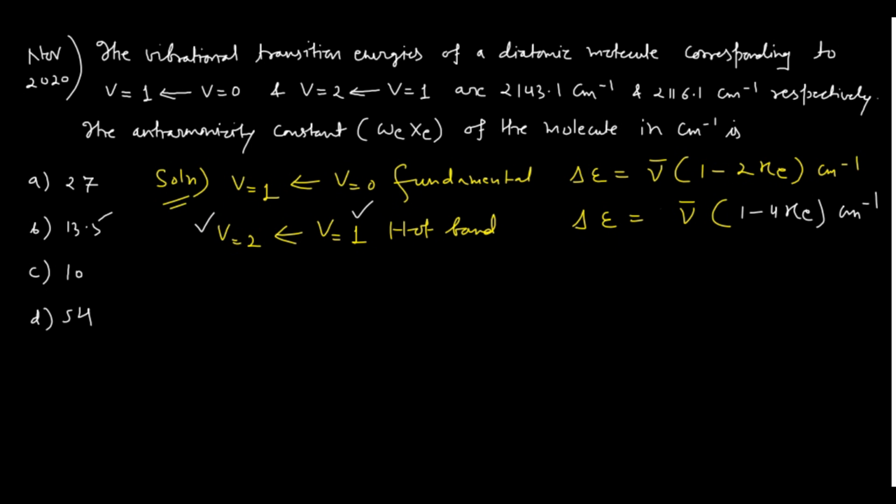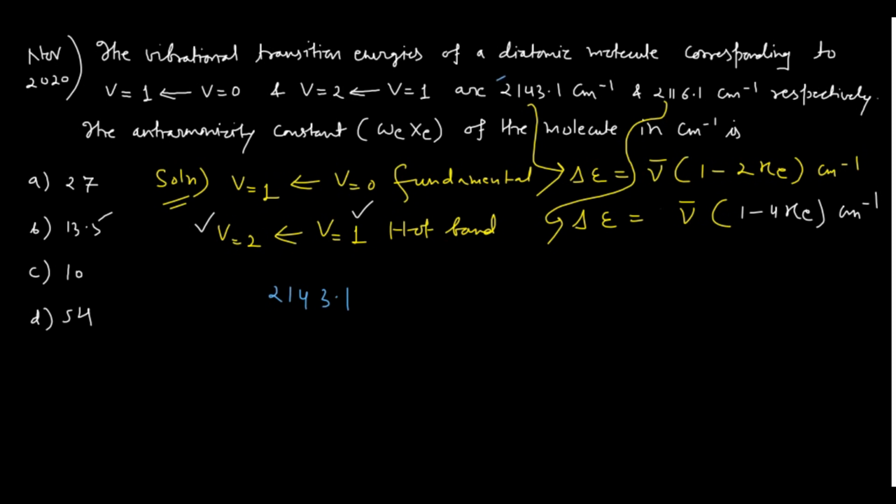And for the fundamental vibration, this energy is given, and for this overtone, this value is given here. So you can write these two equations. Instead of delta E, you can write 2143.1. This is for the fundamental vibration.